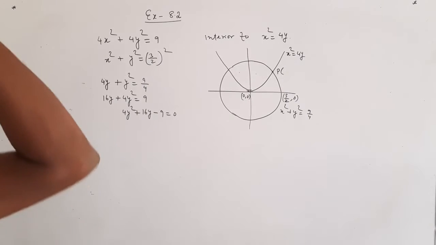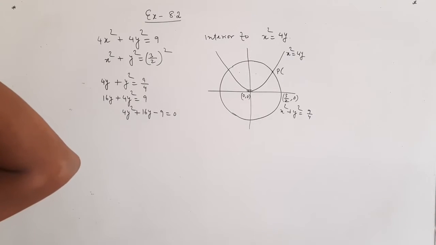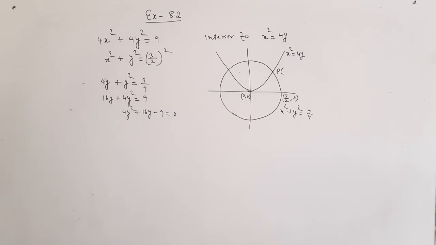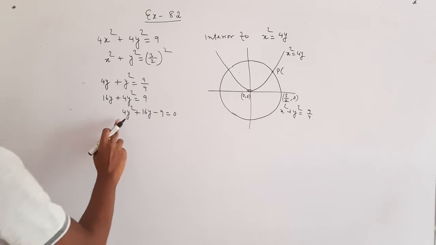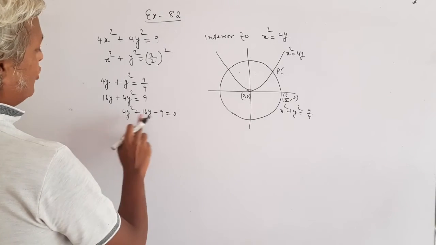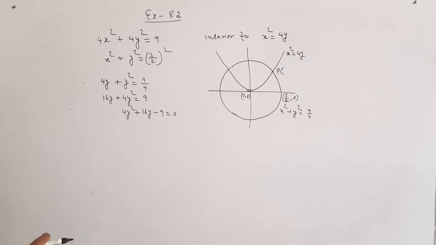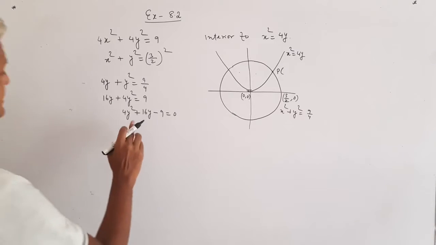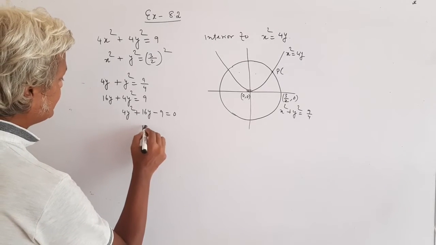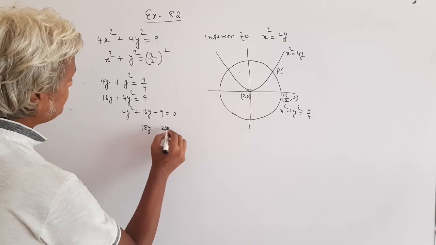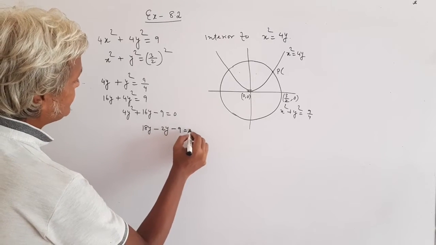Now we have to solve the quadratic equation. This is 4y square plus 16y minus 9. Let's check whether we can factorize it or not. 4 nines are 36, and 18 twos are 36. Yes, so 16y is 18y minus 2y: 4y square plus 18y minus 2y minus 9 is 0.